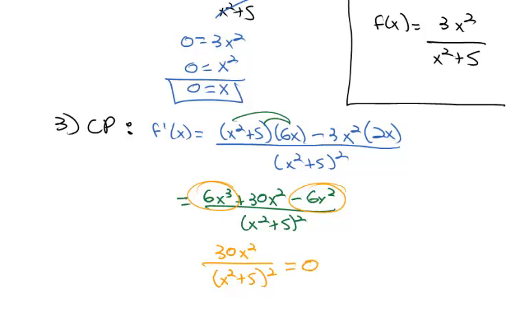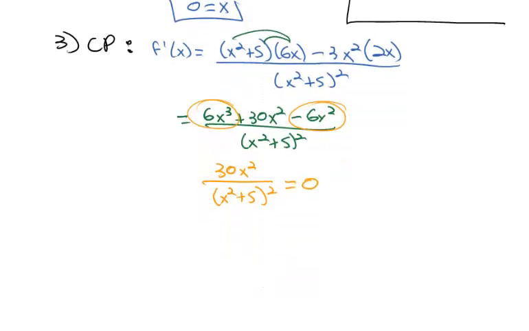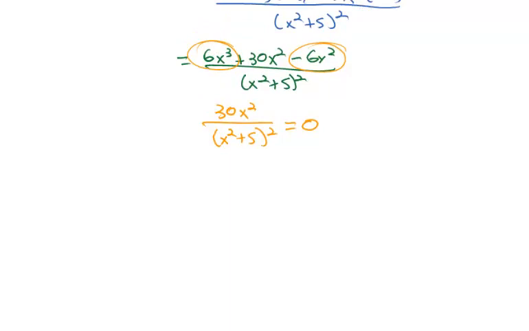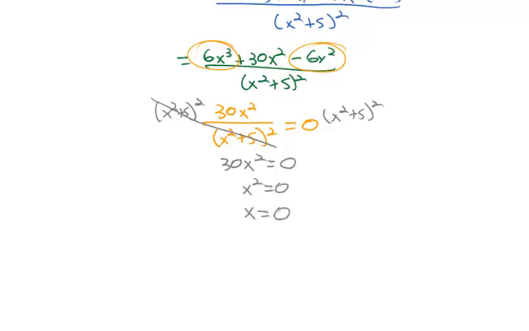And we make that equal to 0 to find our critical points. Multiply by the denominator of x squared plus 5 squared to get rid of the fraction. And that leaves us with 30x squared equals 0. Divide by 30 and x squared equals 0. And so our critical point is where x equals 0.